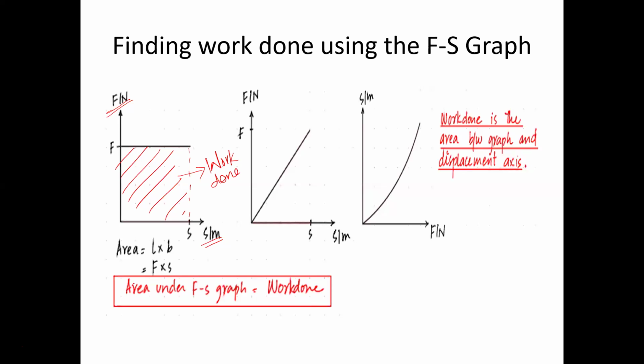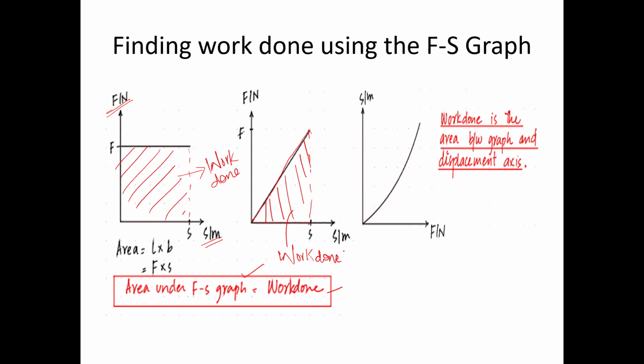So you must write down that area under Fs graph is equals to work done. Likewise, if there is a force which is increasing constantly or linearly, if there is a straight line graph between force and displacement, again the area under force displacement graph will also be representing the work done.